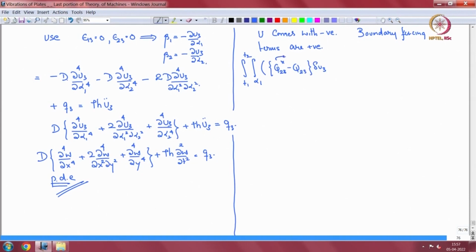This is the externally applied shear force and this is the internal, plus (m2 star minus m2) delta beta 2 plus (m1 star minus m1) delta beta 1, d alpha 1 dt, and this is at alpha 2 constant edge.